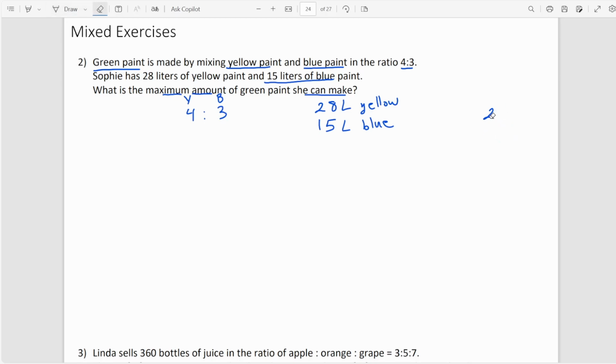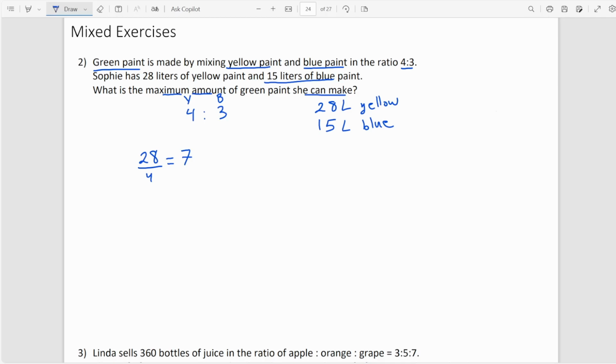So how will we solve this problem? We're going to find out how much blue 28 liters of yellow needs, okay? So I'm going to start with this number over here, the ingredient that I have more of, okay? So 28 liters of yellow, and the yellow is supposed to be 4 parts. So I will divide 28 by 4, and we get 7.